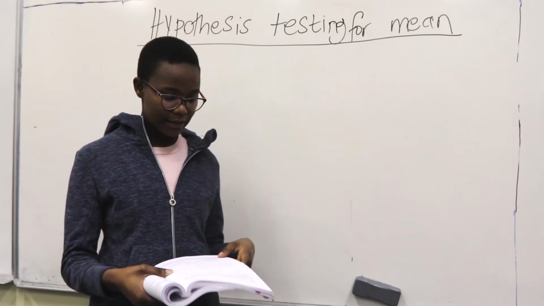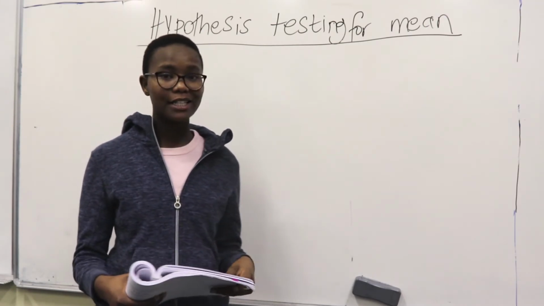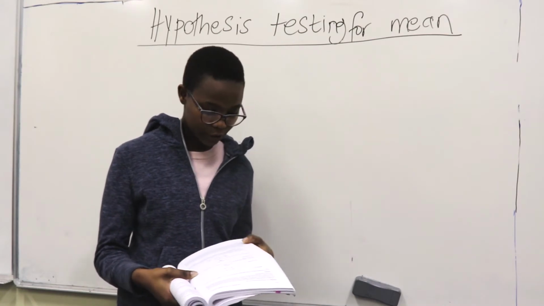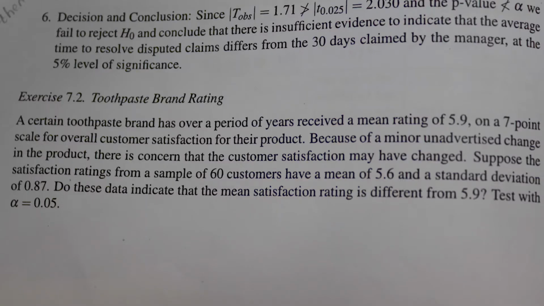So the exercise is on page 124, exercise 7.2. It reads as follows. A certain toothpaste brand has over a period of years received a mean rating of 5.9 on a 7-point scale for overall customer satisfaction for their product.